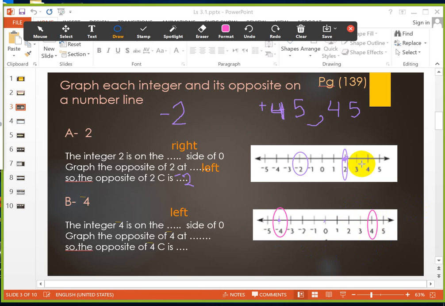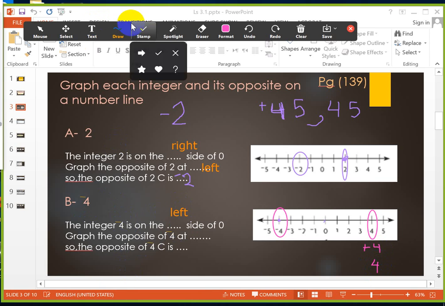So I can say it in both ways. I can say the opposite of -4 is +4 or 4. It will give me the same idea. That means this is a positive integer.